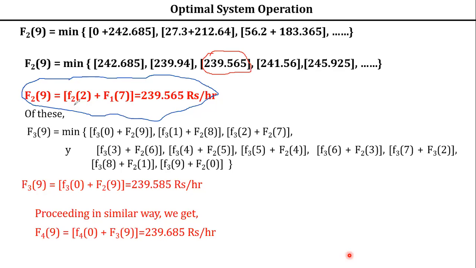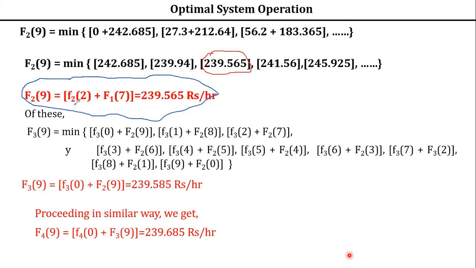What are the other loads you are having? 8 megawatt, 7 megawatt, 6, 5, 4, 3, 2, 1 megawatt. Why 1 megawatt? Because the minimum you see in that table is 1 megawatt. So for each load component, you have to repeat this procedure, whatever I explained till this point.